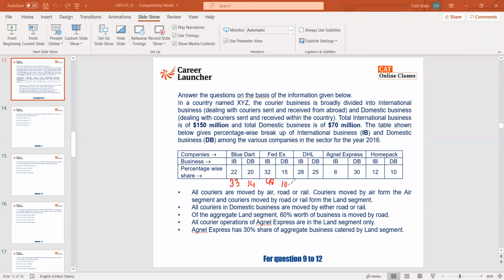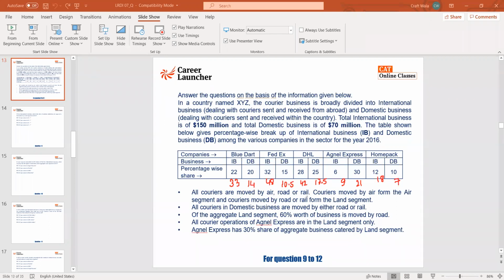This will be 10.5, 42, 17.5, 9, 21, 18, and 7. So these are their respective numbers.